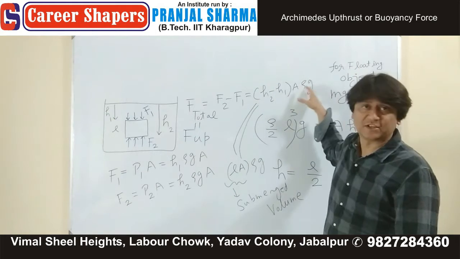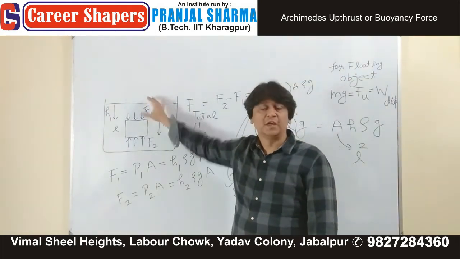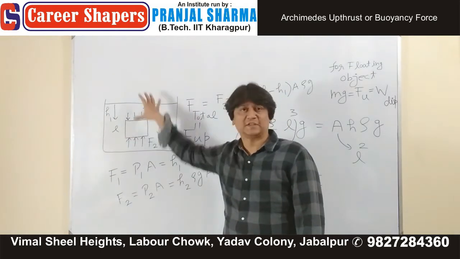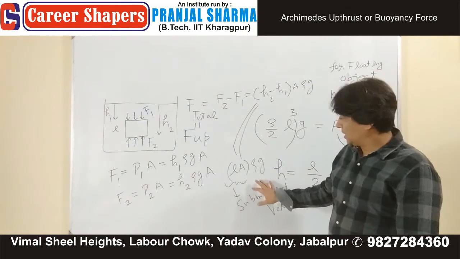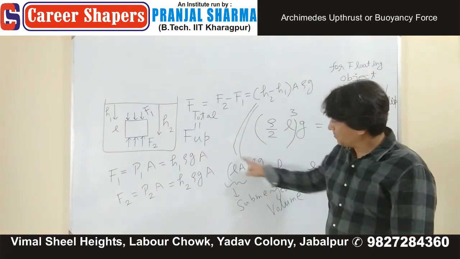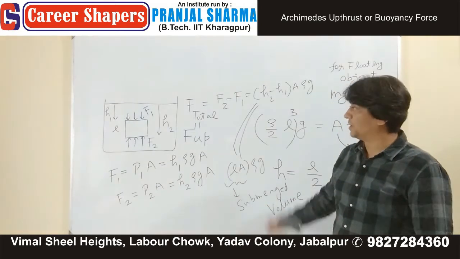This H2 minus H1 into A: H2 is this and H1 is this. If it's a cube, it will give you L. If it's a cylinder, it will give you the length of the cylinder. But ultimately, what is going to be useful for you? This part.